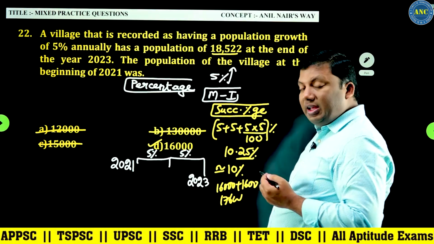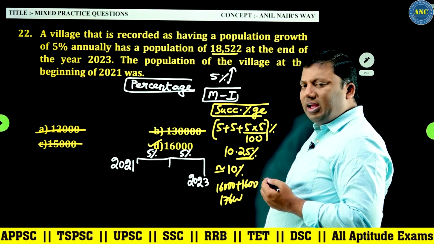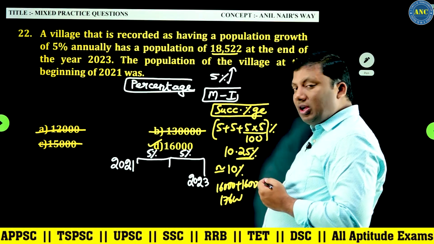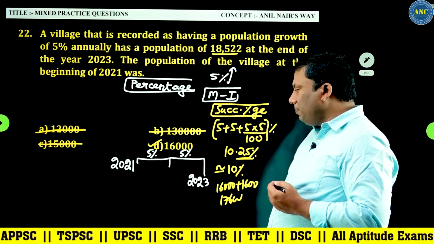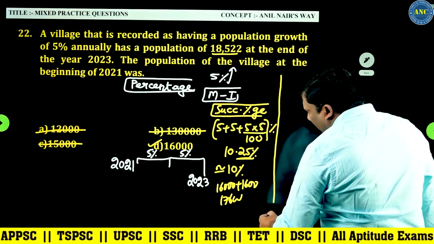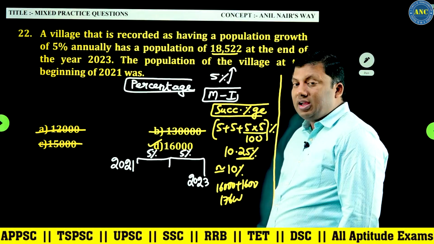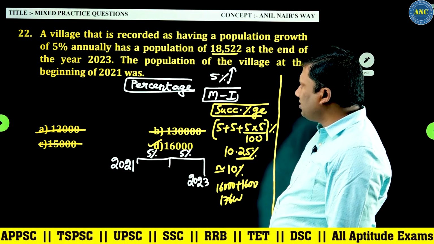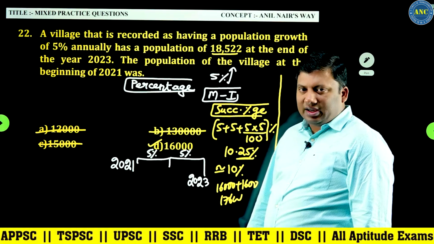I hope the idea is very clear. First percentage increase is 5, next also 5. Overall increase is A plus B plus AB by 100: 5 plus 5 plus 5 into 5 by 100, which is 10.25%.